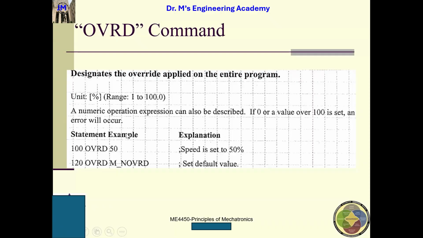I told you that if you use full speed when you run your program, the industrial robot table will vibrate because of the dynamic effect. Quickly speeding up and quickly slowing down is dynamic.